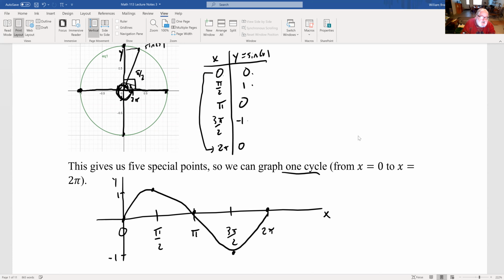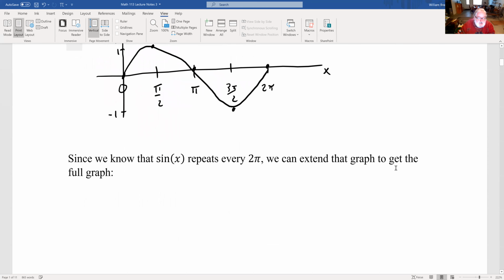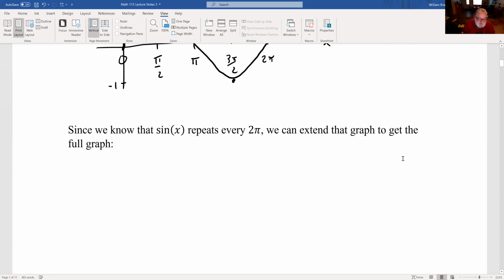If I went around once to 2 pi, plus another 90 degrees would get me to 5 pi over 2, but that would give me 1 because that's 2 pi away from pi over 2. So what does the graph of sine look like? It repeats every 2 pi, and that's its period, because once around the circle is 2 pi radians.